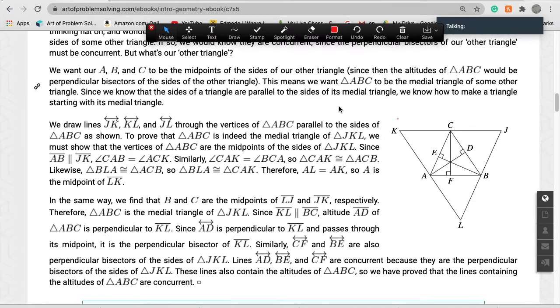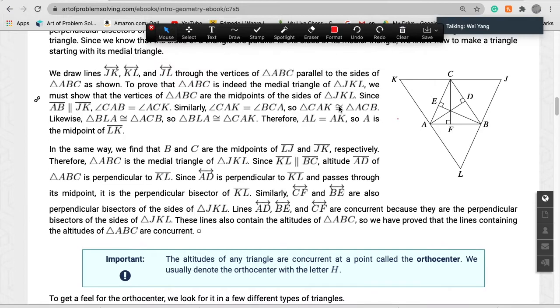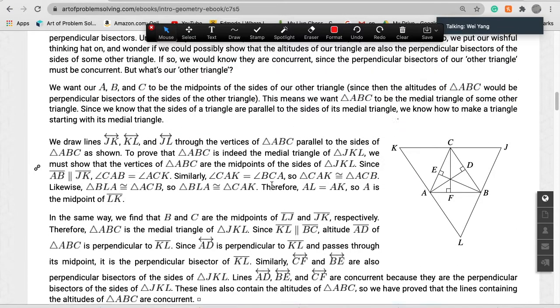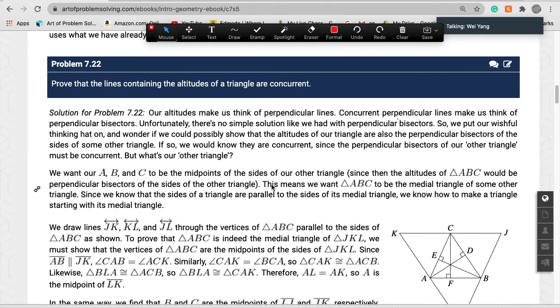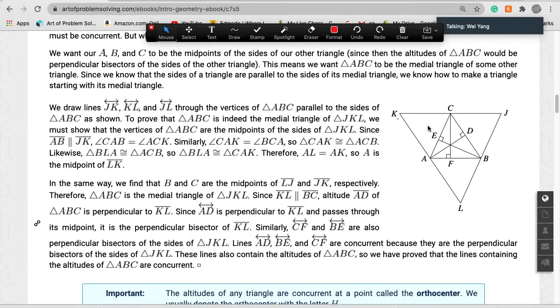Okay, now let's see. For these three altitudes, now let's see, this is a middle point.